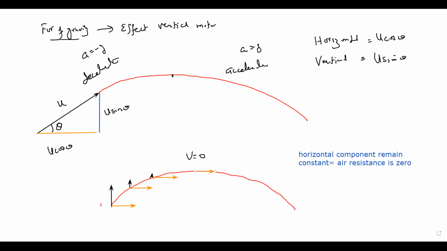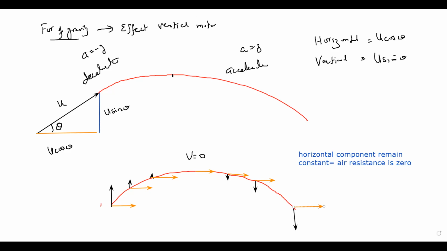But when it is coming down, the vertical component will start to increase, and just before hitting the ground it will have its maximum vertical component. And what about the horizontal component? Because the horizontal component does not change, throughout the motion it will remain the same.